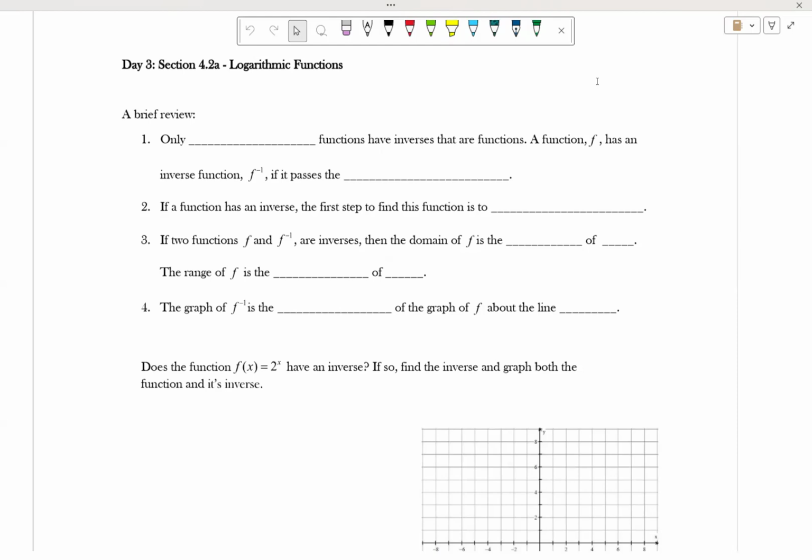So these four, you're filling them out to the best of your ability. Feel free to discuss with your neighbors.